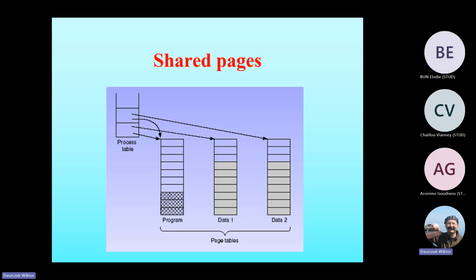For example, we have two students that entered the laboratory and started a shell in Linux. Of course, the shell has the same code for two instances of the program. We discussed that this page table should be shared.